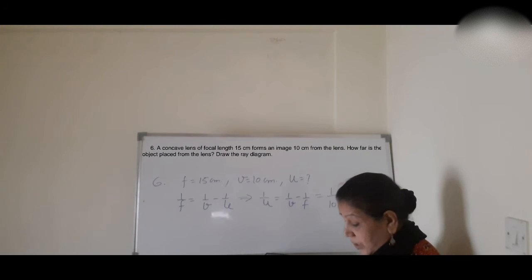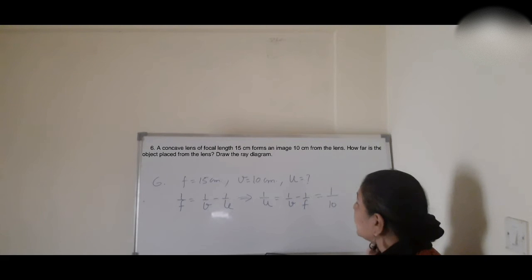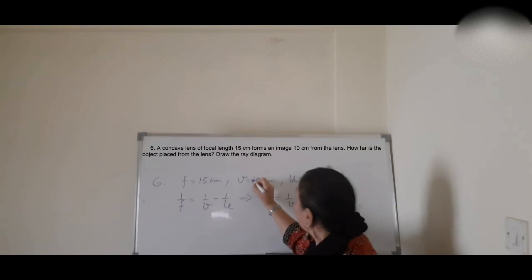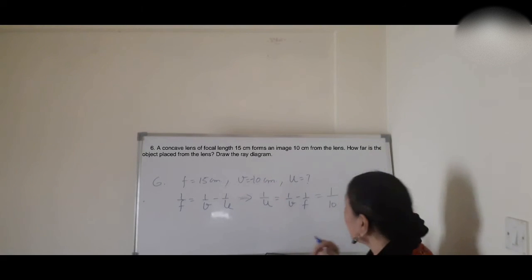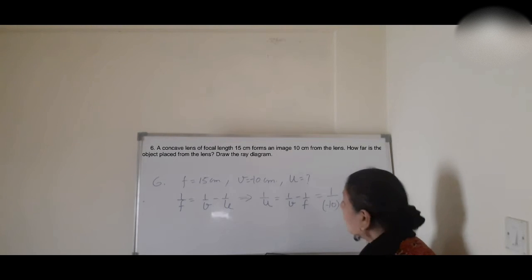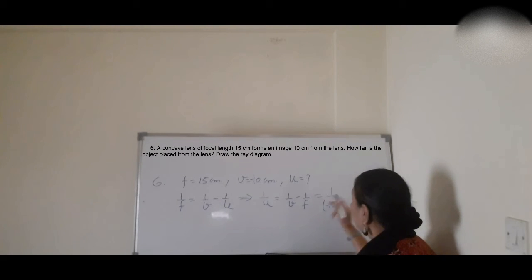This is a concave lens, and for a concave lens V is minus because the image is always on the same side. So here 1 upon minus 10 minus 1 upon F. F is also negative here, so minus F is 15.